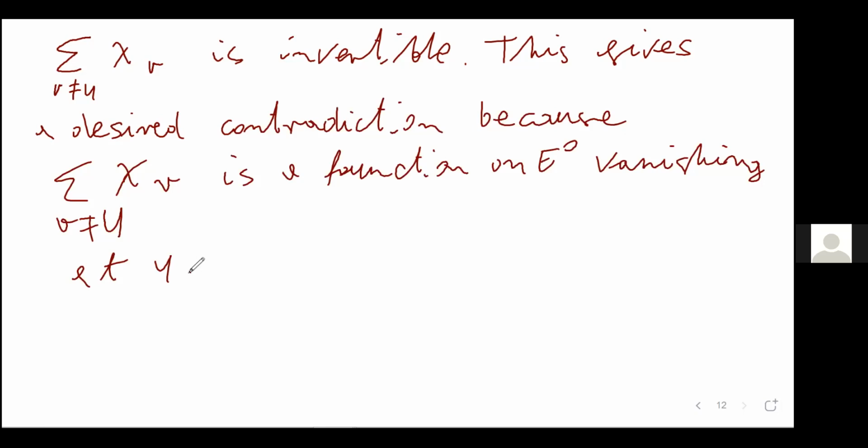But it vanishes at U, so it is not invertible. Okay? So now we can conclude that F2 is empty.